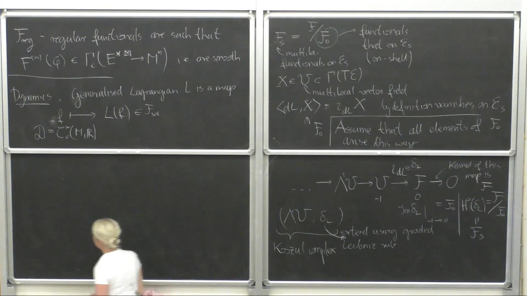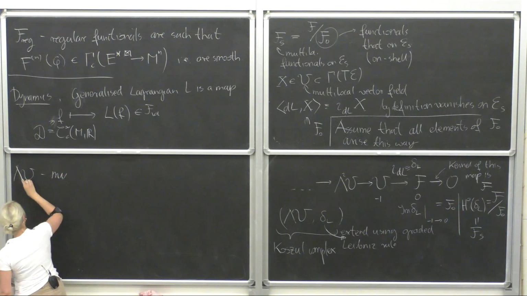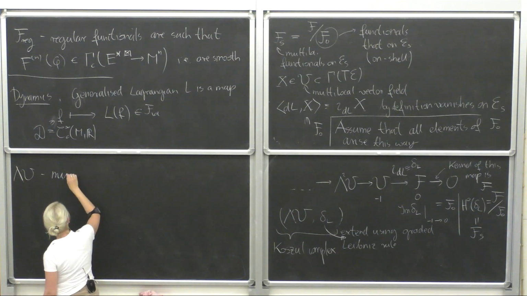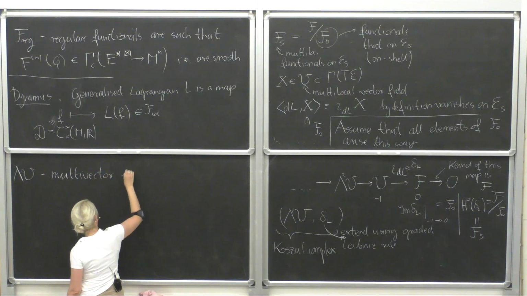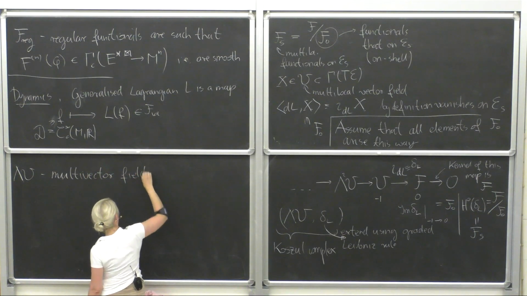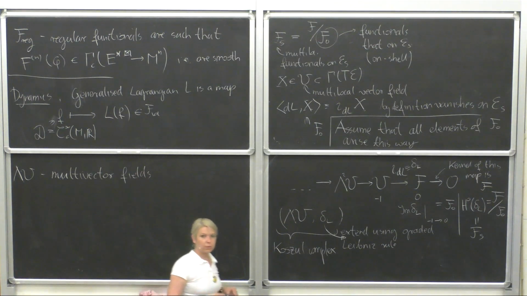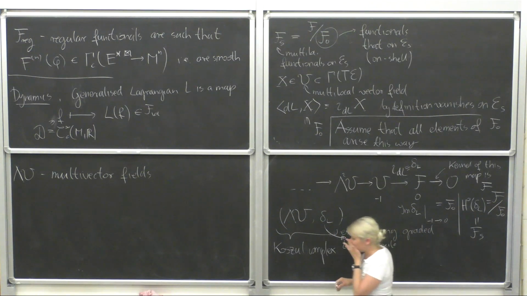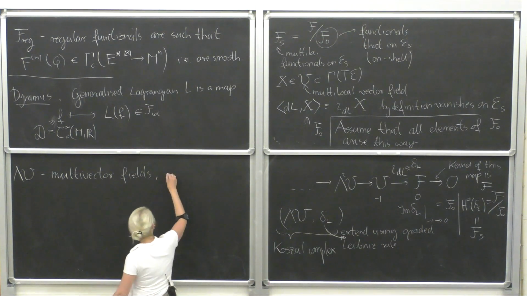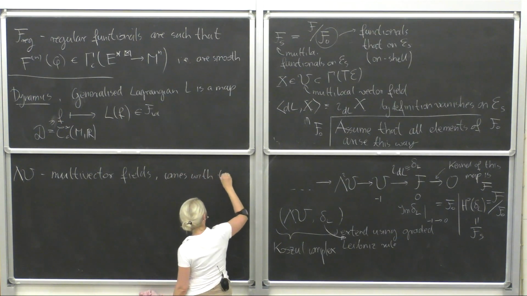Okay, so the exterior algebra over V is multivector fields. And as such, it comes with a natural structure of a bracket. So it comes with the Schouten bracket.